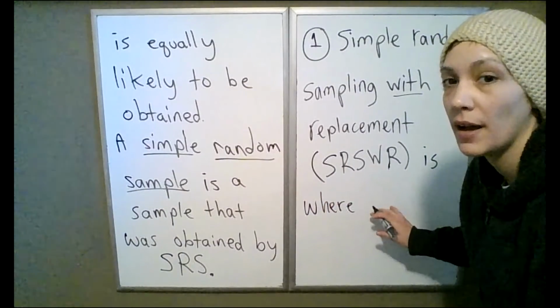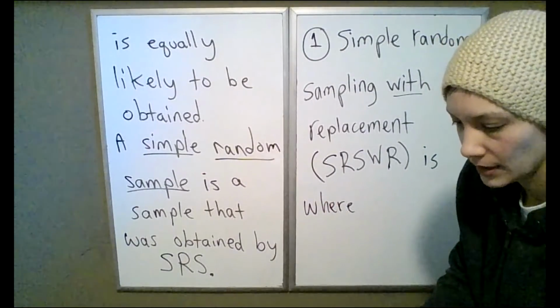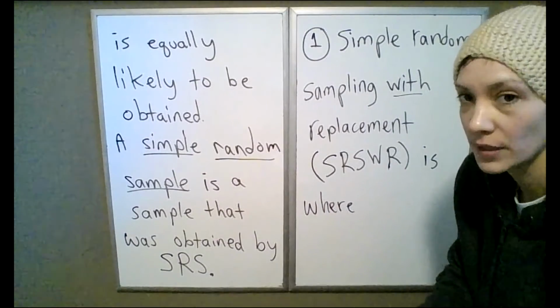This is where a member of the population can be selected more than once.